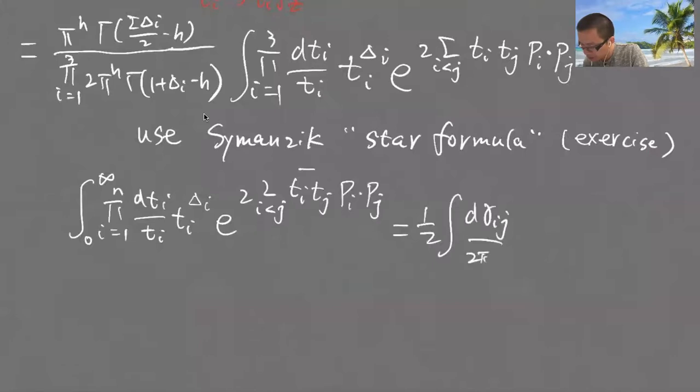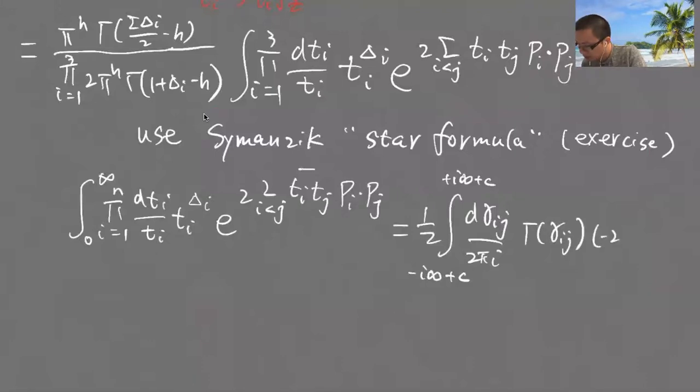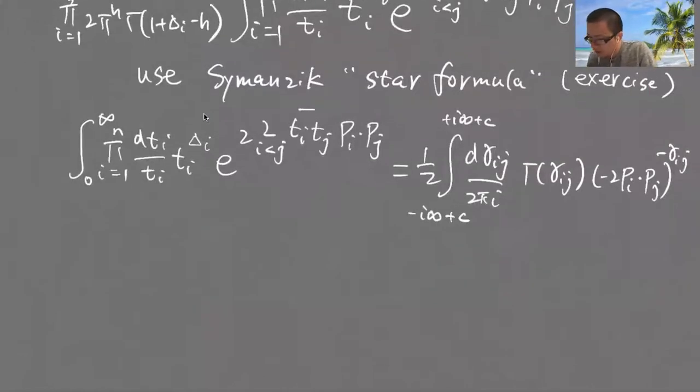I will explain what those are. The integration is around the contour, say from −i∞ to ∞ plus some shift. This shift is just to avoid the poles of those gamma functions, with the argument −2 P_i · P_j − γ_ij.